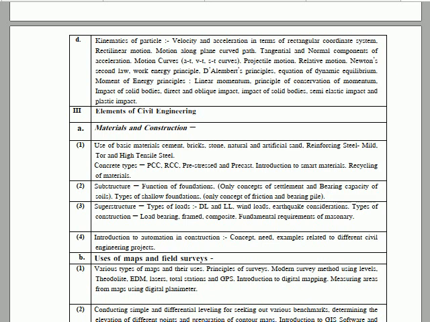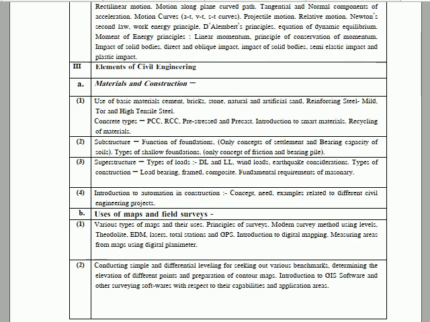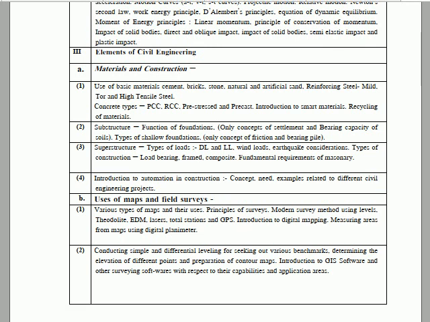The next is types of construction: load bearing, frame, composite, fundamental requirement of masonry. The next is introduction to automation in construction, concept, need, examples related to civil engineering projects, different new technologies developed. And the next part of basic civil engineering is surveying and maps.